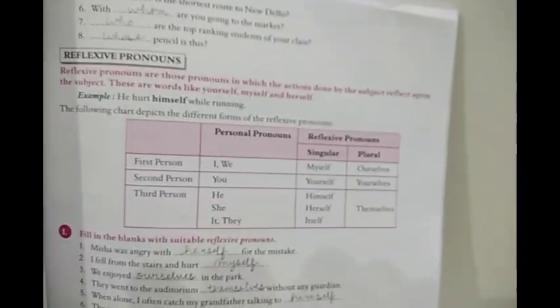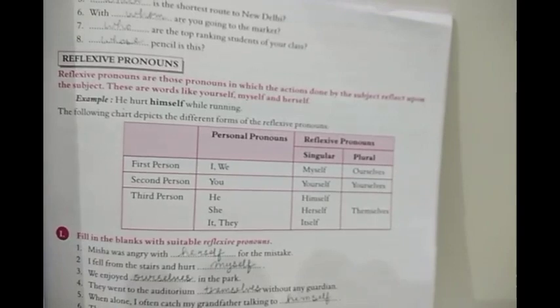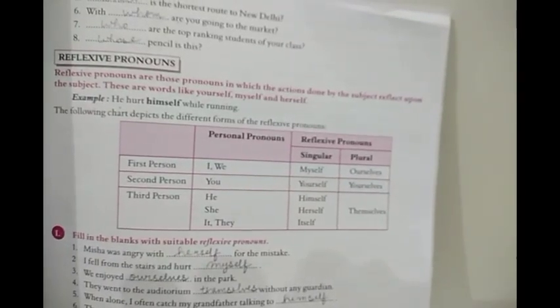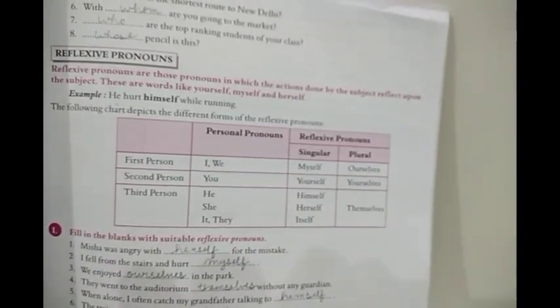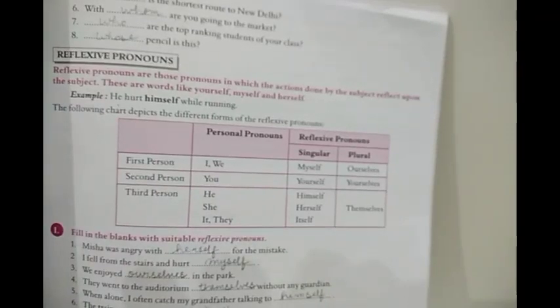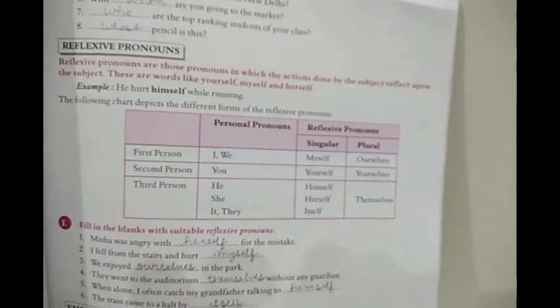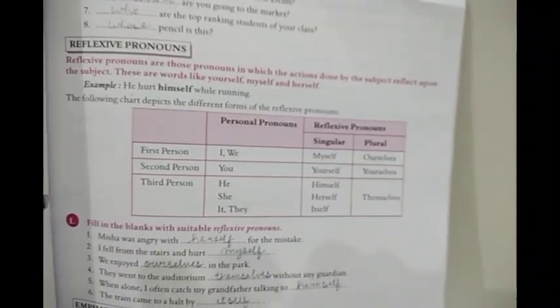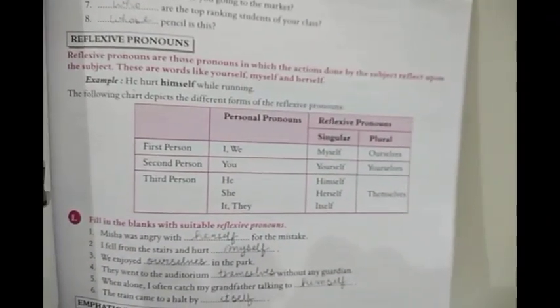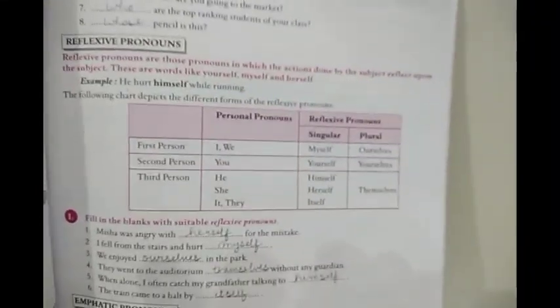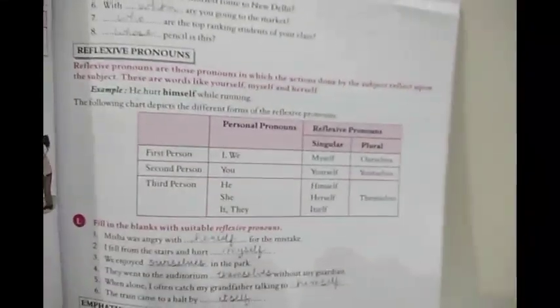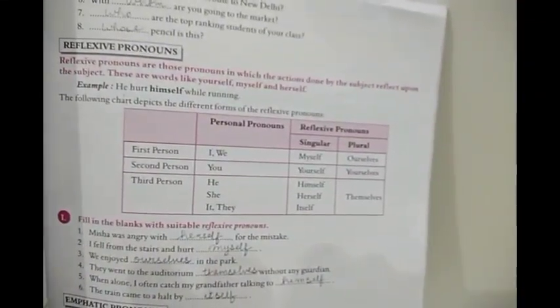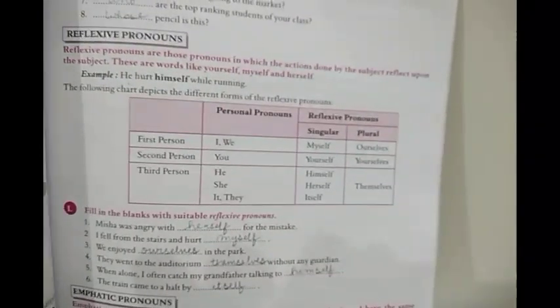Take for example, he hurt himself while running. The subject he and the object himself are the same, it's talking about the same person, reflecting back. So these are reflexive pronouns, and each personal pronoun has its own reflexive form, like I, myself, you, yourself, etc.